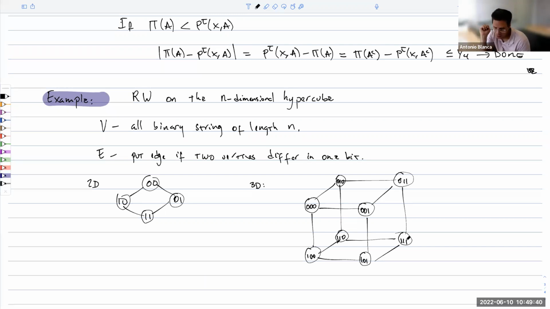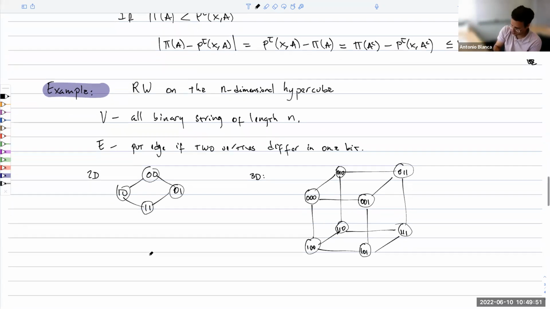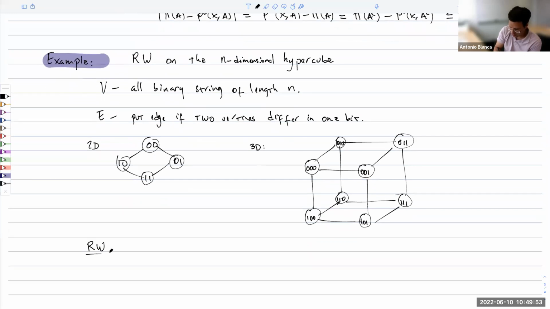Okay, so now we have that graph, we can define it for any n. Now we look at the random walk on this graph. You're at a vertex, you pick a random neighbor, and you move there, right? So what is the random walk? Well, one way of writing what I just said is that we pick a random coordinate, say i in 1 through n, uniformly at random.